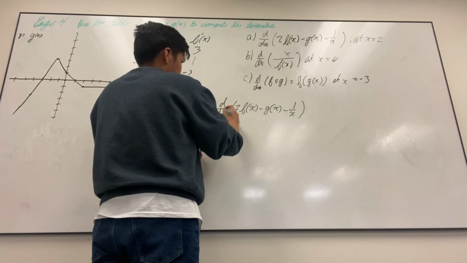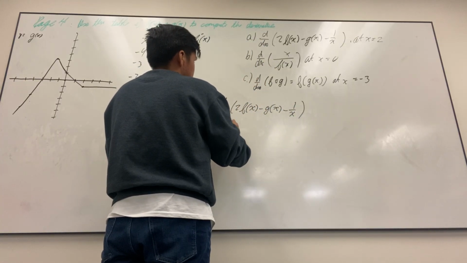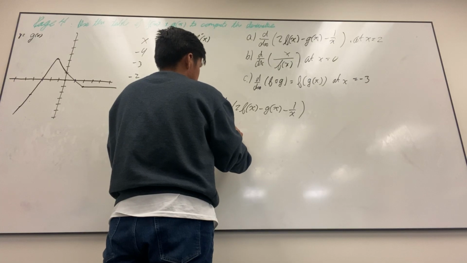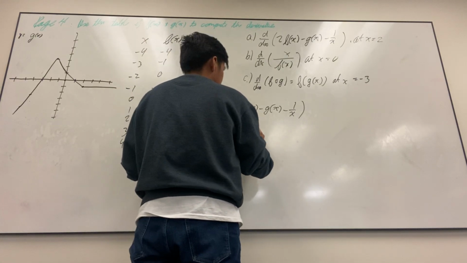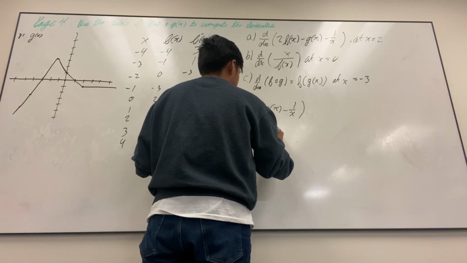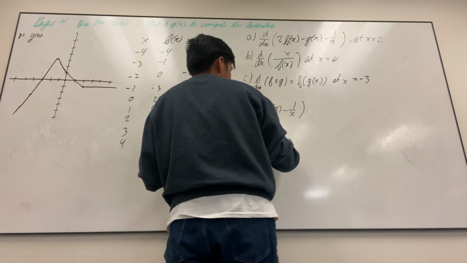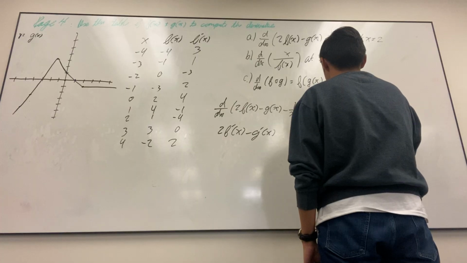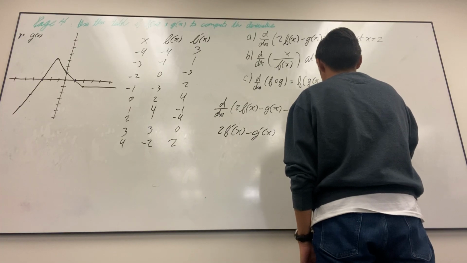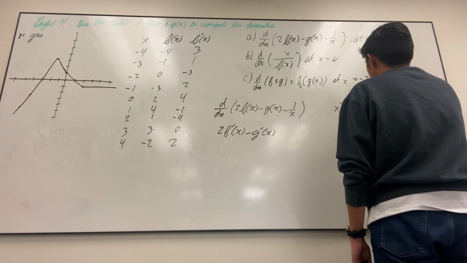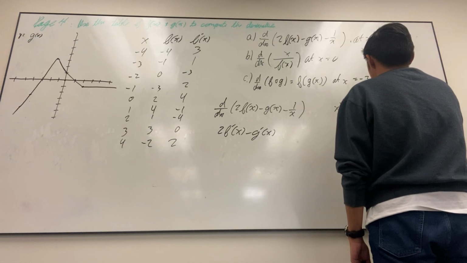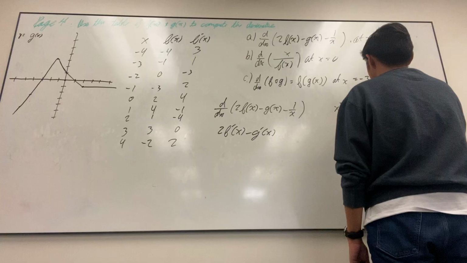So for this one we find the derivative. This would be 2 times f prime of x minus g prime of x. And the derivative of 1 over x would be x to the negative 1, so the derivative would be negative 1 times x to the negative 1 minus 1, which is negative 2.